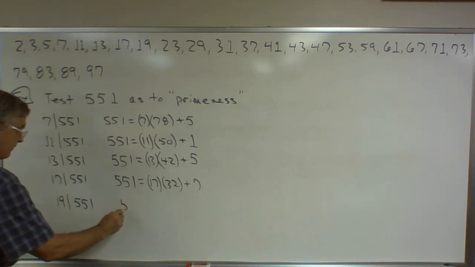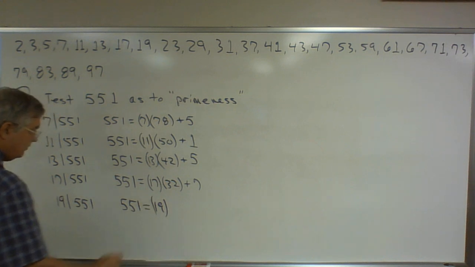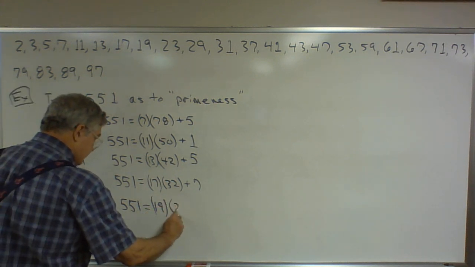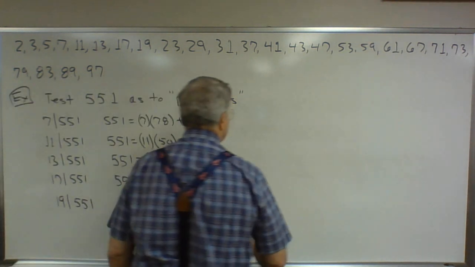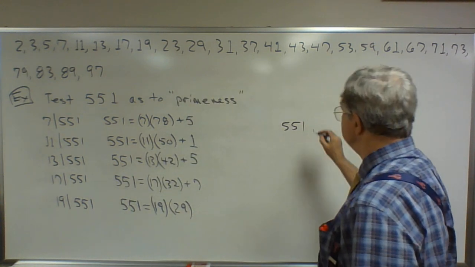If we divide 551 by 19, our calculator says that we get 29. No remainder.